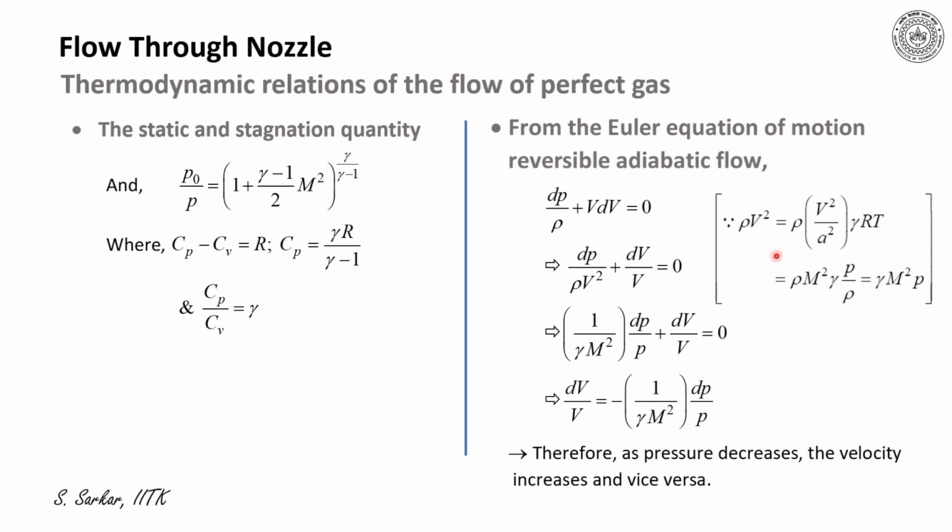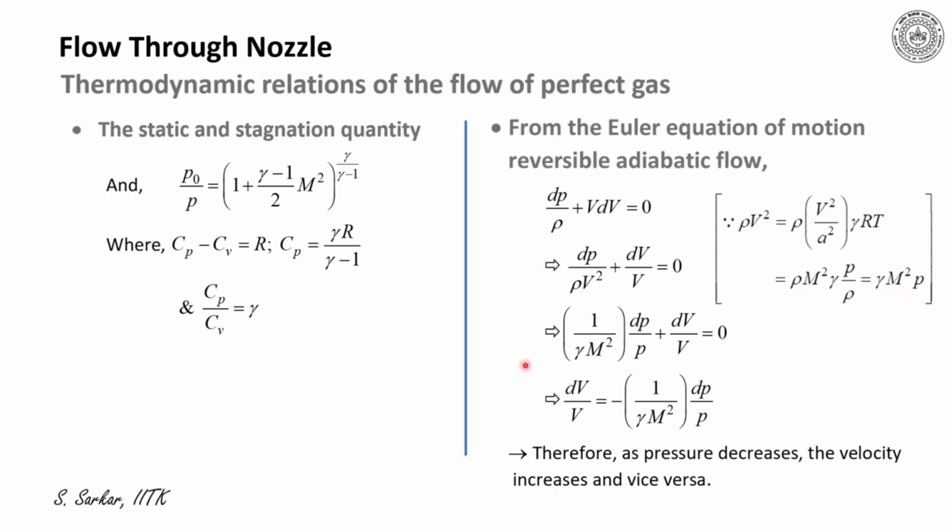Now look here, rho V squared I can put in the form rho within the bracket V squared by A squared into A squared. Now A squared is nothing but gamma RT. Now V by A is the Mach number, so it can be written as rho into M squared into gamma. Now RT is equal to P by rho using the perfect gas equation. Therefore, rho V squared becomes gamma M squared into P.